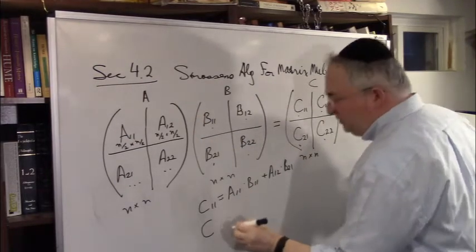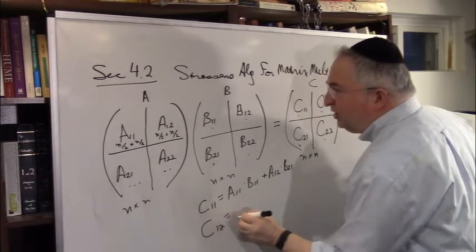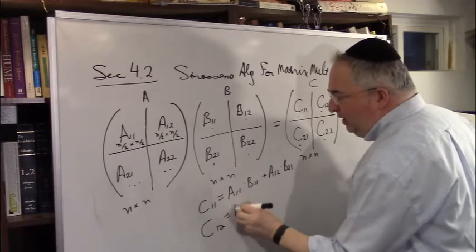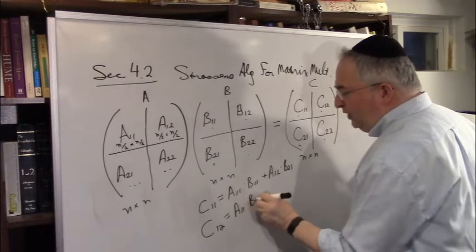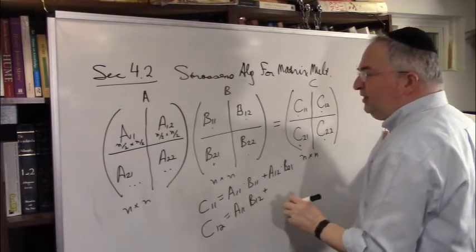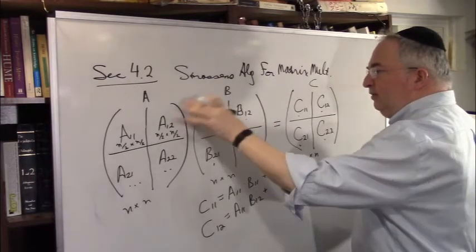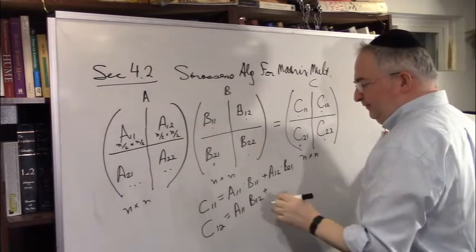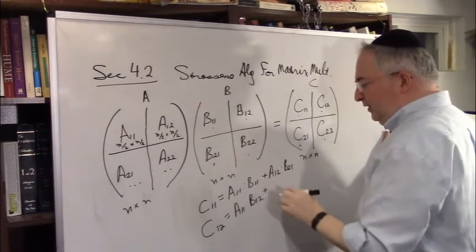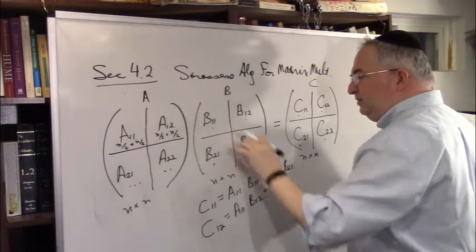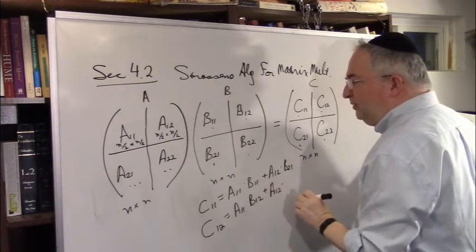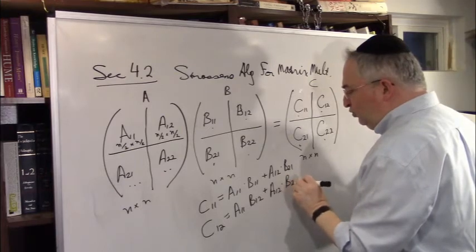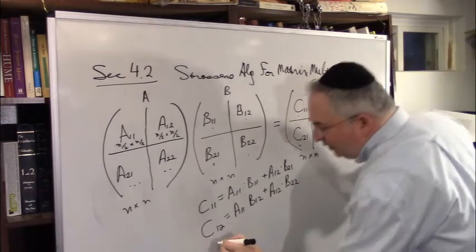So C12 is going to equal A11 times B12 plus, that's this times this, A12 times B22. Okay, good.